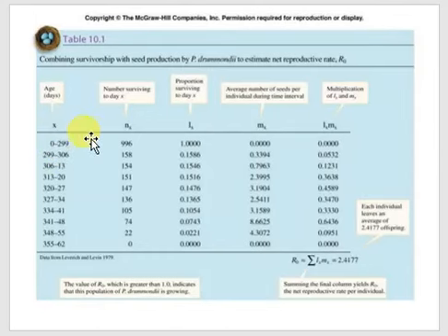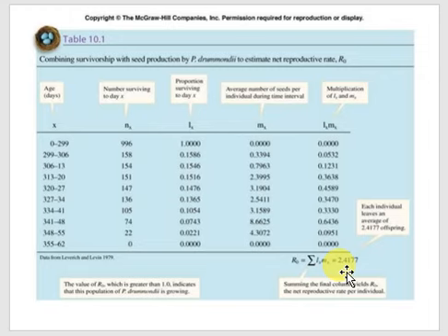So if we're looking at this age group here, we can take the number of individuals surviving to that day, 996, multiply it by the net reproductive rate of 2.4177, and find out what the number of seeds that the population will produce and begin with the following year.